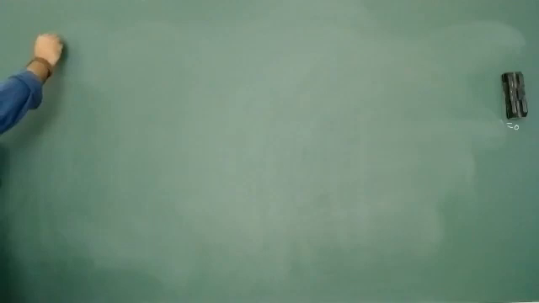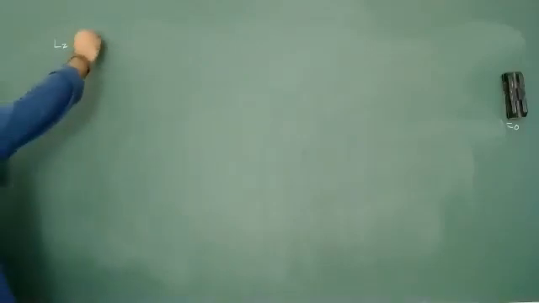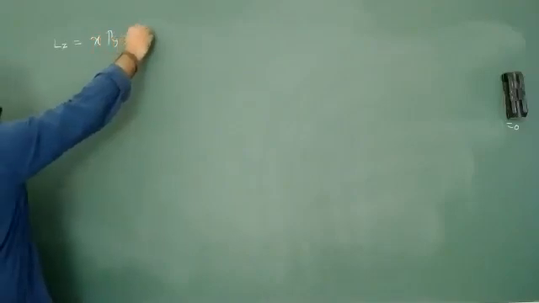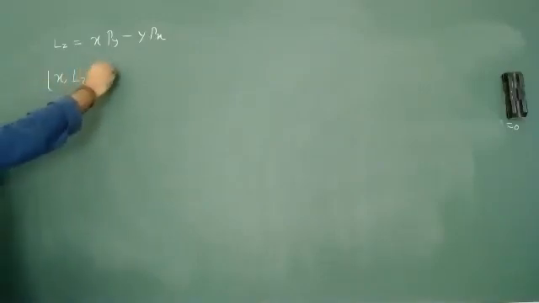Suppose I have Lz, let's say the z component of angular momentum, which is x py minus y px. So this is my Lz. What I want to calculate is the Poisson bracket between x and Lz.